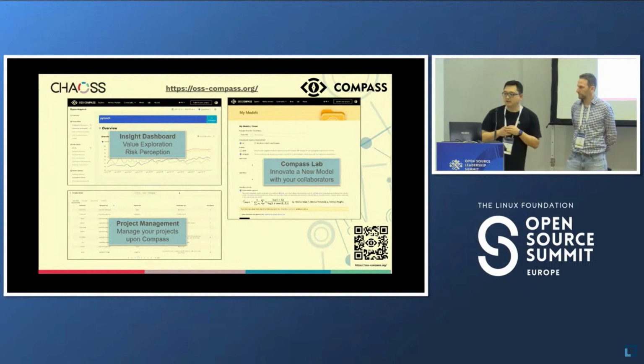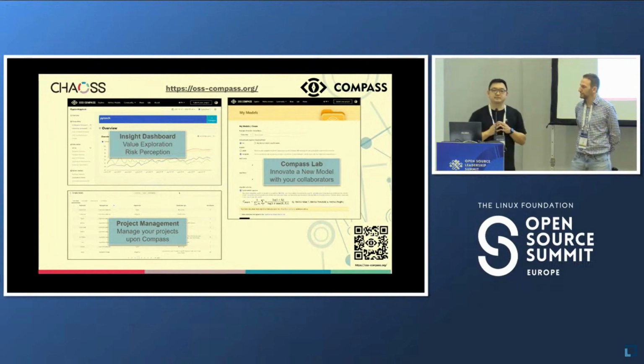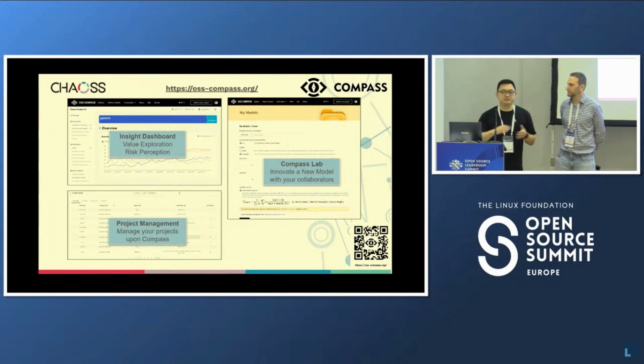Meanwhile, we also provide the Compass Lab, because we think the metrics model couldn't be initialized or innovated by one person or one team. We think there would be more innovation from all over the world. So we provide such a space to let you invent your own metrics model, which could focus on specific technical areas, or could be common for all communities or projects.